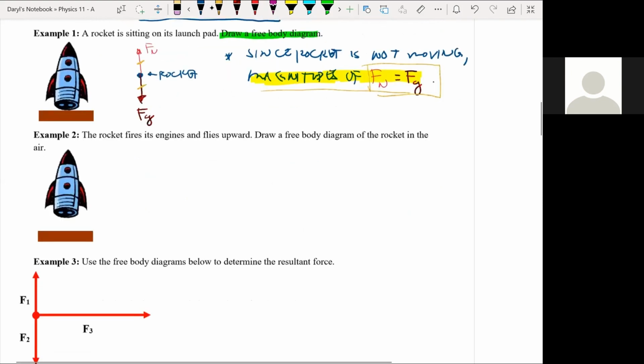Okay, let's take for example the same rocket, but now the rocket is moving upward. The rocket fires its engine and flies upward, and let's say it is accelerating upward.